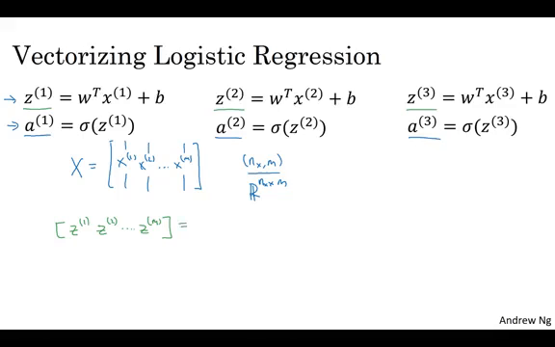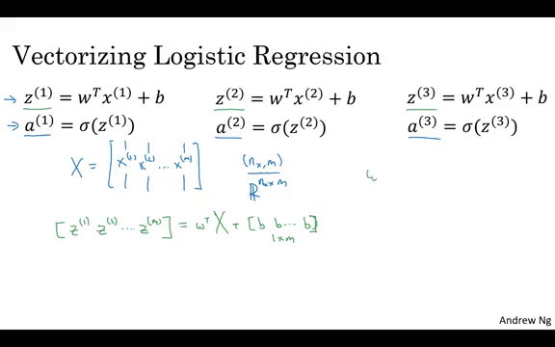It turns out that this can be expressed as W transpose times the capital matrix X, plus the vector b, b, and so on, where this b, b, b thing is a 1 by m vector, or 1 by m matrix, that is, an m-dimensional row vector.